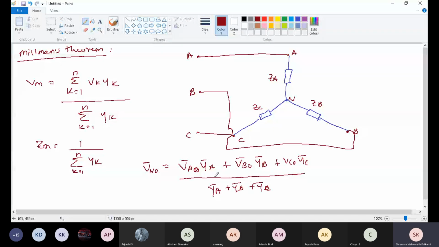I already told what O represents. What does this O represent? N we know is the neutral point. O is the neutral point of the supply, and this is the star connected load.